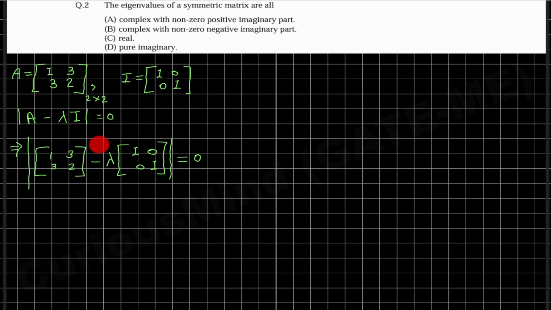So we have the plugged in expression in which we have plugged in the values of matrix A and the identity matrix I. Now we would multiply lambda into this matrix and write the expanded expression. So we have the next step where we have multiplied lambda through this identity matrix.